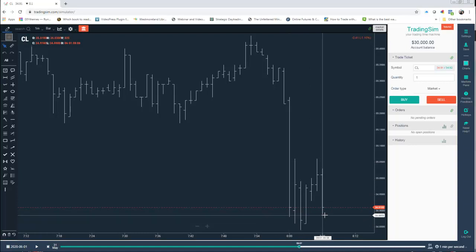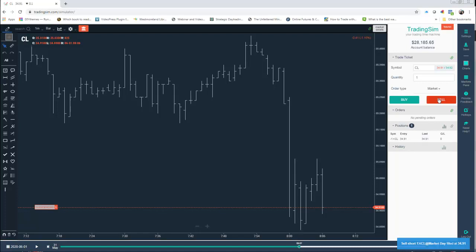You have this here. So the way to trade this, the market's down right now. You want to go short. So at this point in time, I want to be short. So I'm selling right there. And I'm going to cover if it gets above this right there. All right, let's move forward.